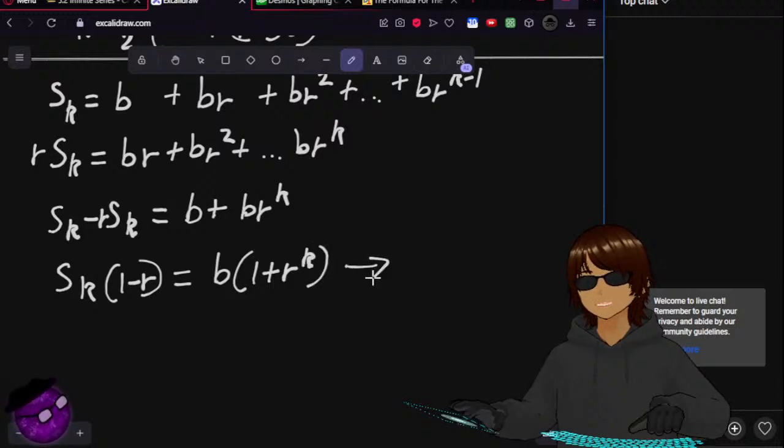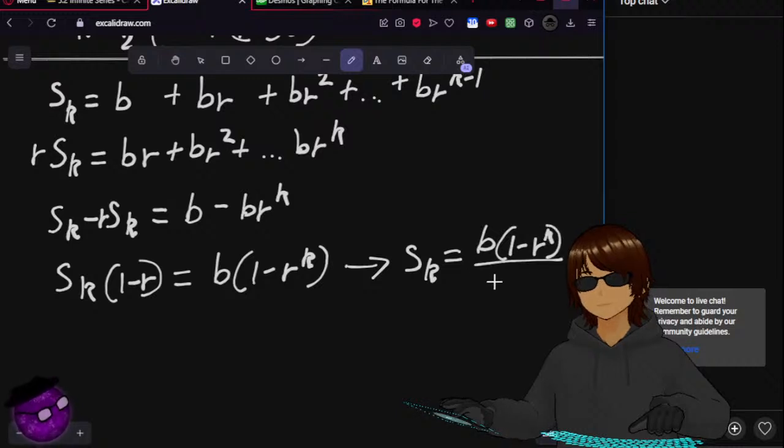So s_k is equal to the first term times 1 minus the ratio to the power of k, over 1 minus r.